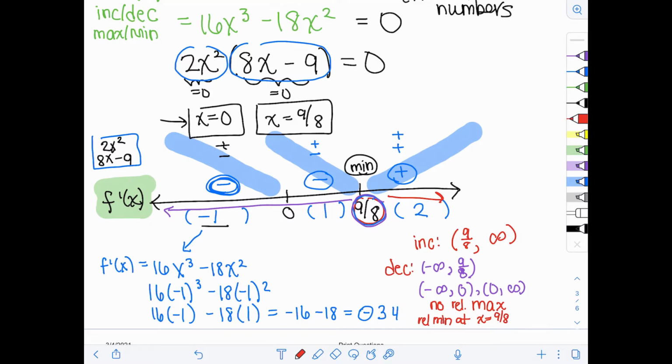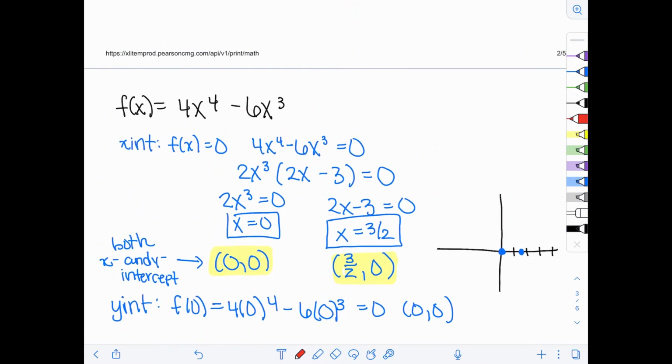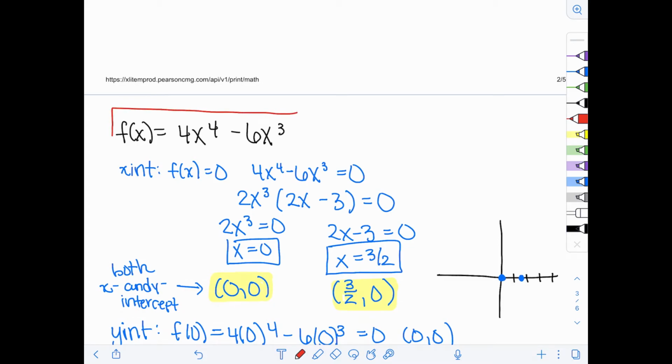And if I wanted to figure out where that relative min is located, like what is the relative minimum, then I could take this value and plug it into the original function, f of x. And so the original function is right up here. And maybe I will go ahead and just plug that in. I'll use my calculator for this part.